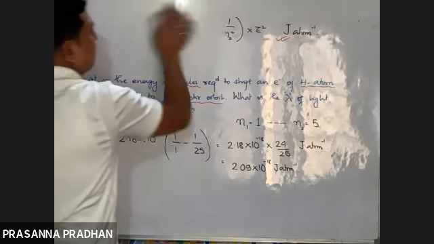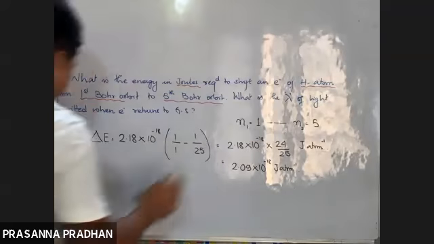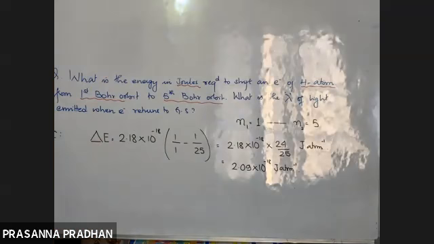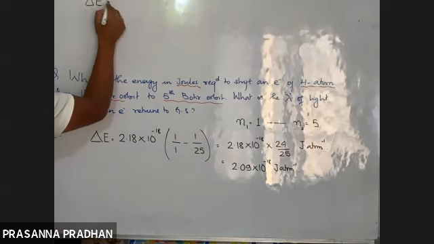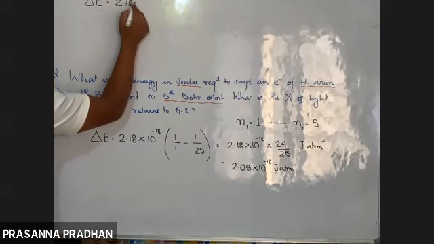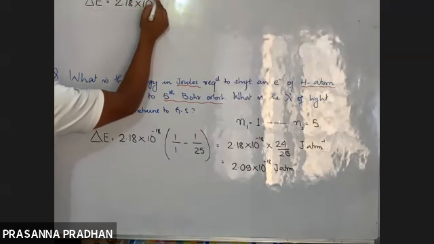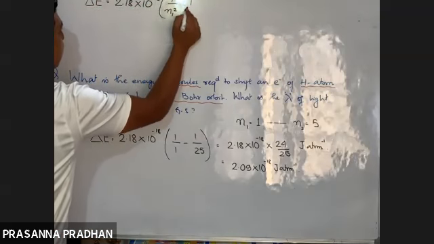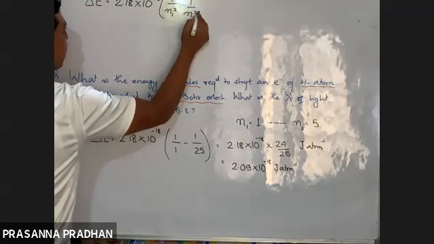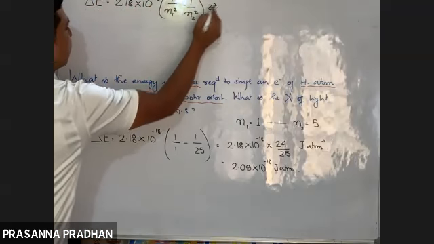Okay, let me just clear this point. Look, again I'm writing the equation. Delta E is equal to 2.18 into 10 to the power minus 18, 1 by N1 square minus 1 by N2 square, into Z square, right?